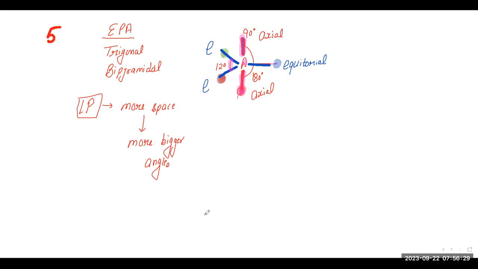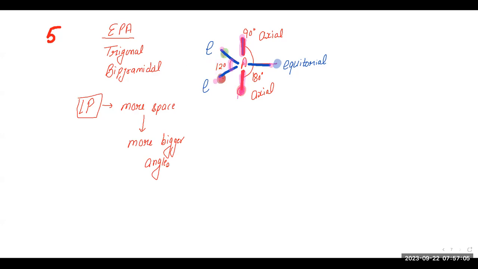Axials, they are 90 degree and there are 6 such angles, 90 degree. So when you put lone pairs on the axial, then they are going to repel from 5 other atoms by an angle of 90 degree, right? Lone pairs will repel with the other atoms by an angle of 90 degree. But if you put them on the equatorial, then equatorials are going to repel with other 3 equatorials by an angle of 120 degree, which is bigger, less repulsion.